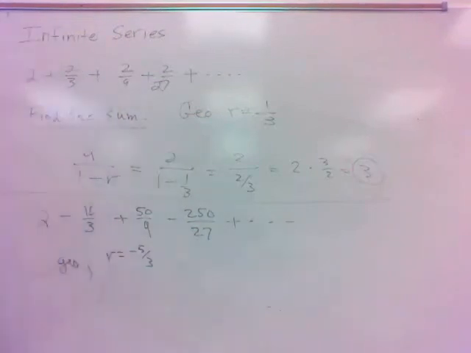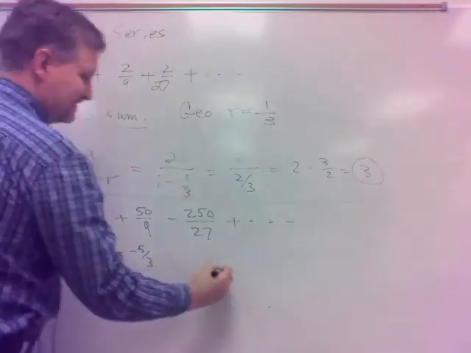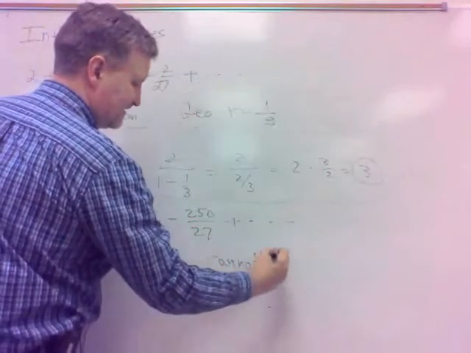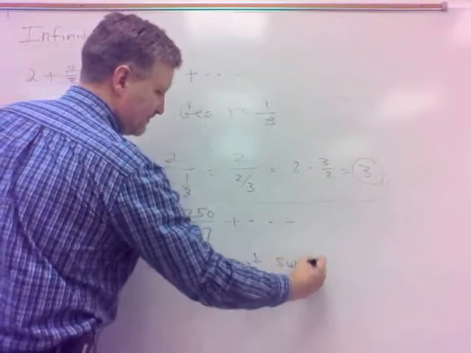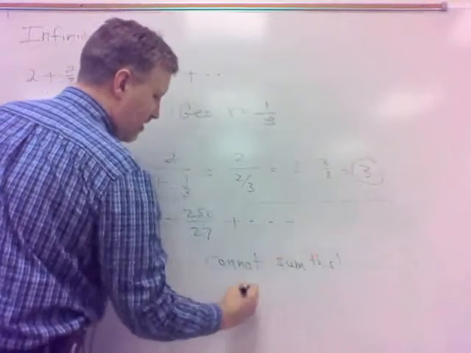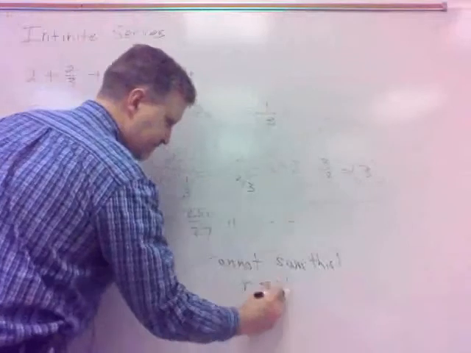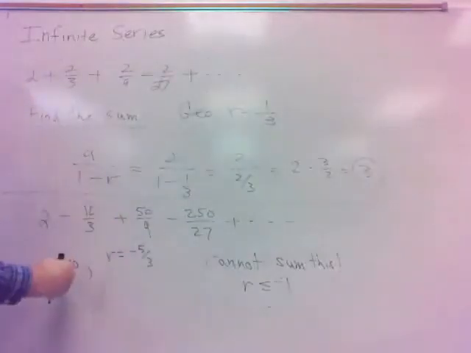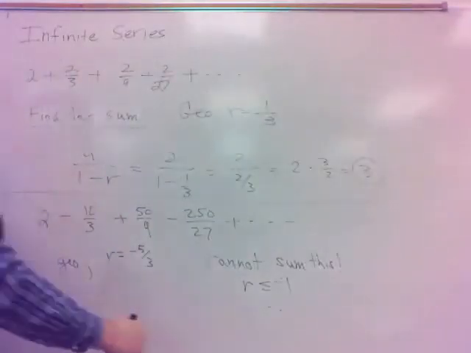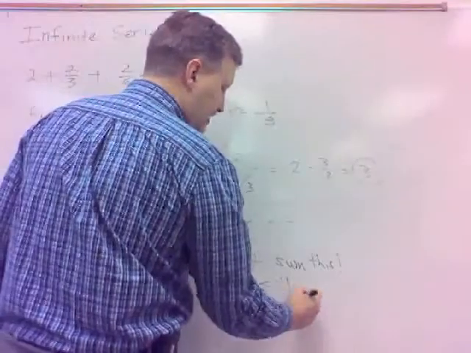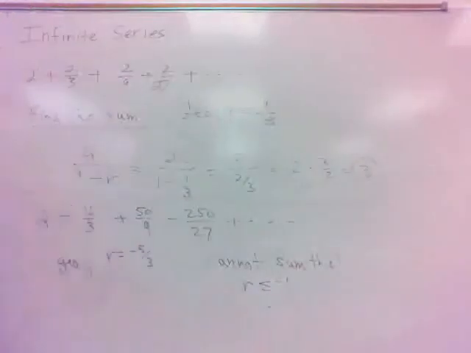So what's the sum? There is no sum. Why not? Yeah, R is less than negative 1, isn't it? If it's not between negative 1 and positive 1, you cannot sum the geometric series.